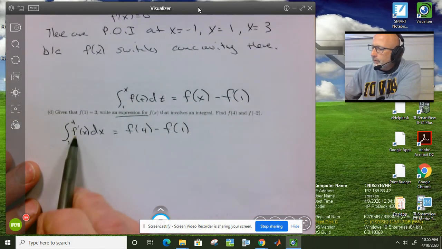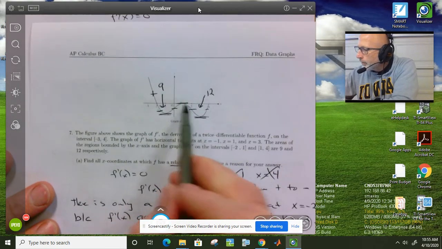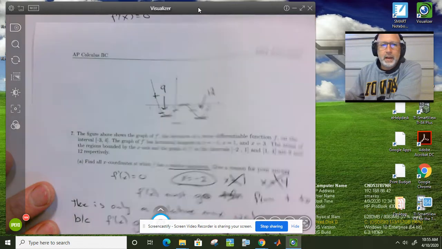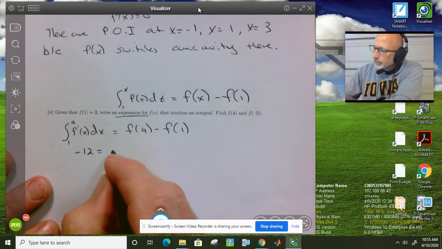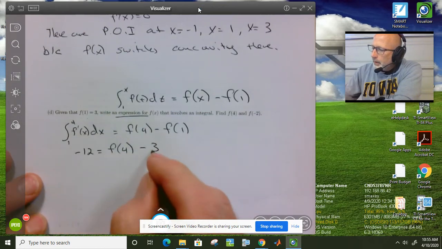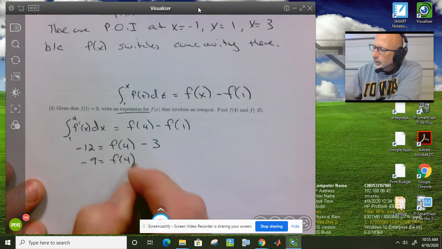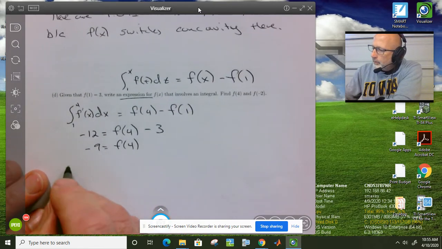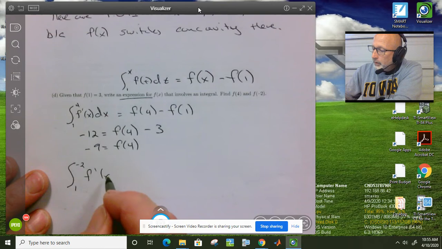Okay, so let's go ahead and find this. I have to integrate from 1 to 4. So going back, integrating from 1 to 4, I know that that area is going to be negative 12. So I have negative 12 is equal to f of 4, which I'm trying to find, minus f of 1, which is 3. Add it over, so you have negative 9 is equal to f of 4. By the same principle, I'm going to do the same thing in the other one. So I'm going from 1 to negative 2. Take note that I'm integrating backwards here.